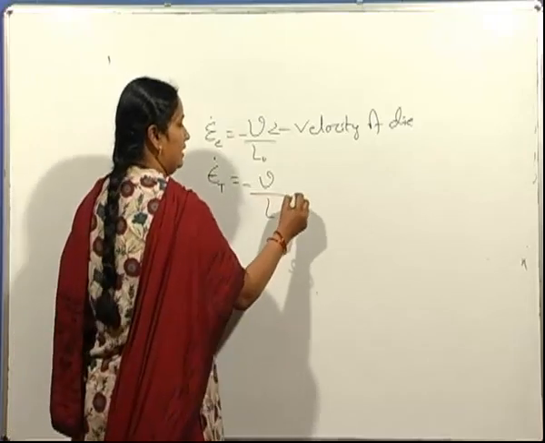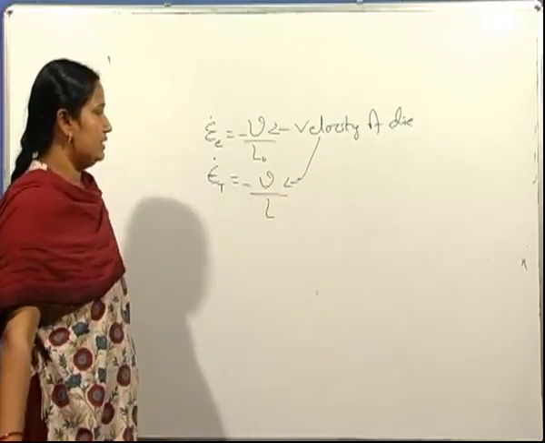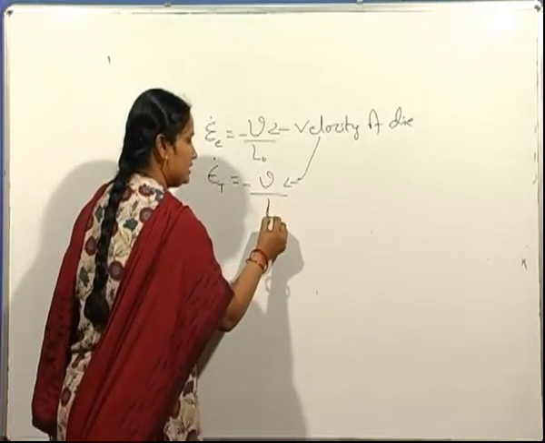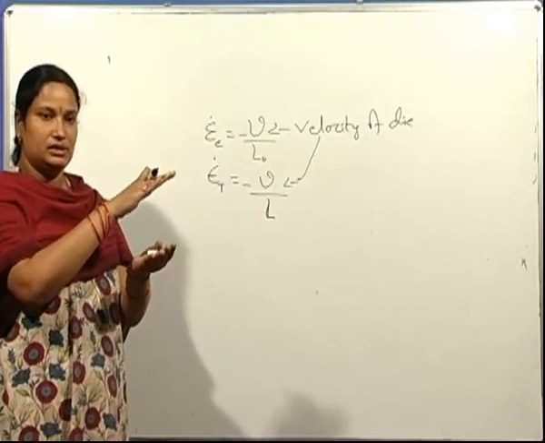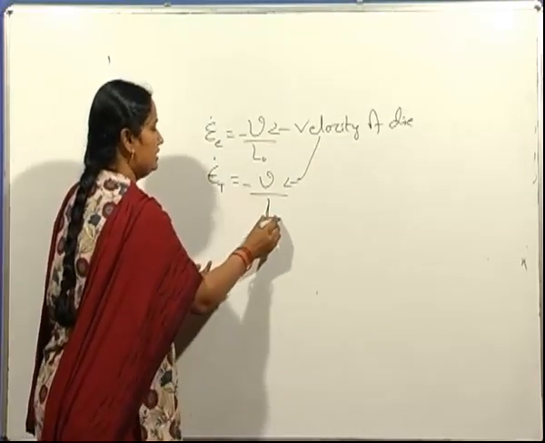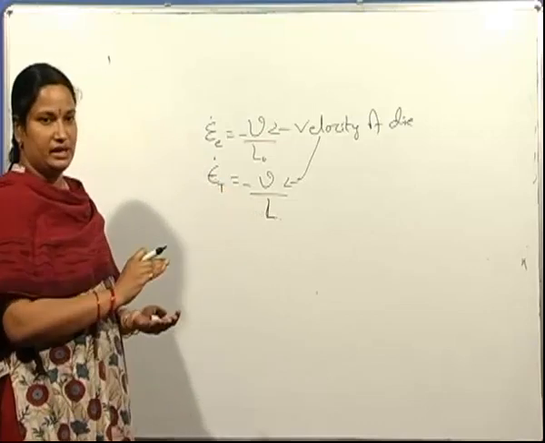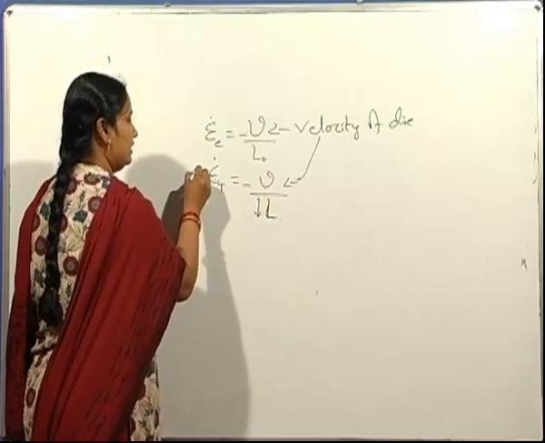So V by L, V is velocity of the die and L is the length at any instant. So during compression, the length of the specimen decreases. As the length of the specimen decreases, the true strain rate increases. As L decreases, the true strain rate increases.